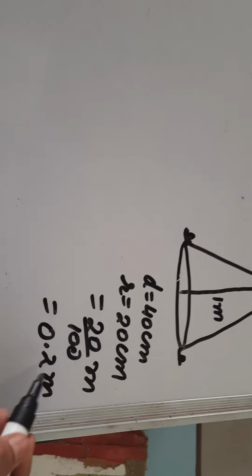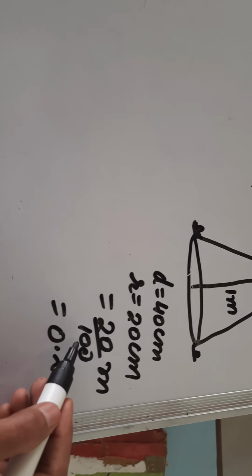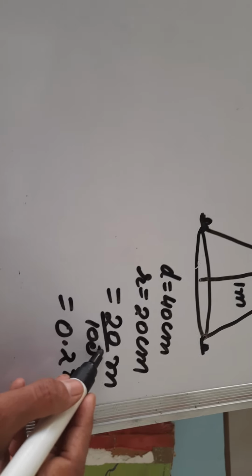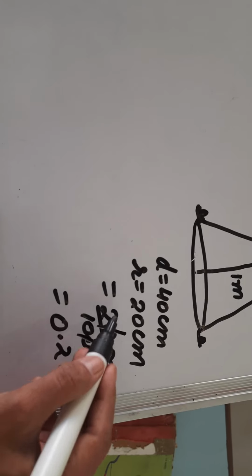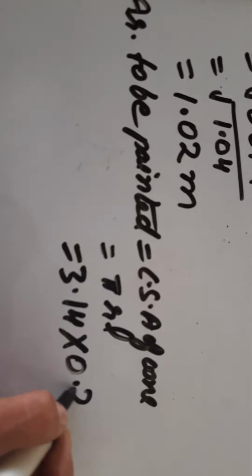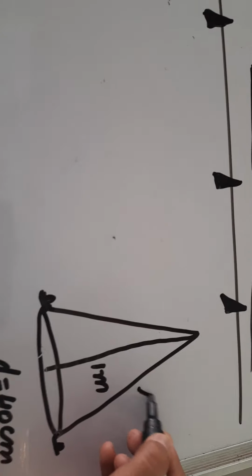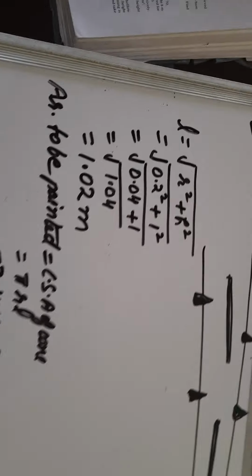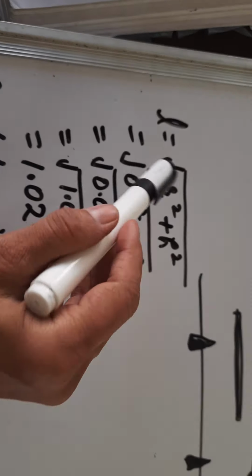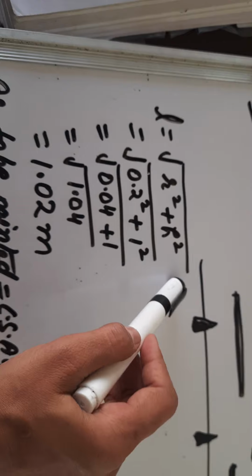in meters and this is in centimeters. So 20 by 100 is meter, and the 0s will be cancelled out. For this we'll place a decimal. So radius will be 0.2 meter into the slant height, but slant height is not given to us, so we need to find it again by the formula square root of r square plus h square.